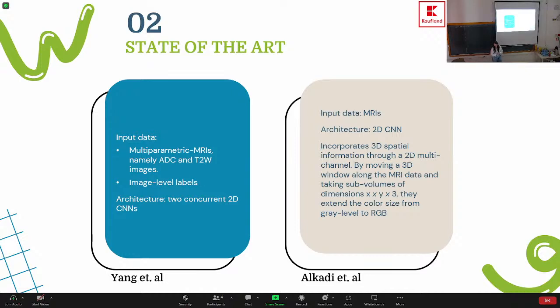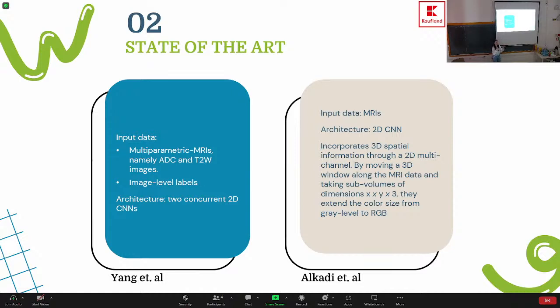And another is Cadiral, which uses MRIs as input, and it's only a 2D CNN architecture. The interesting thing is it incorporates 3D spatial information through a 2D multi-channel by moving a 3D window along the MRI data and taking volumes of dimension X, Y, 3. They extend the color size from gray level to RGB.